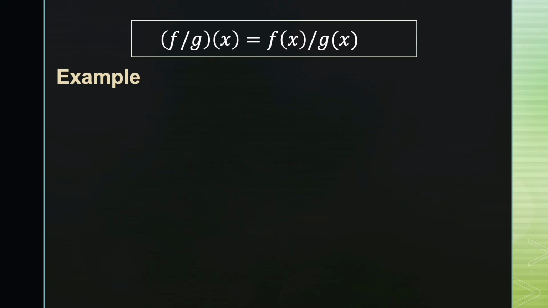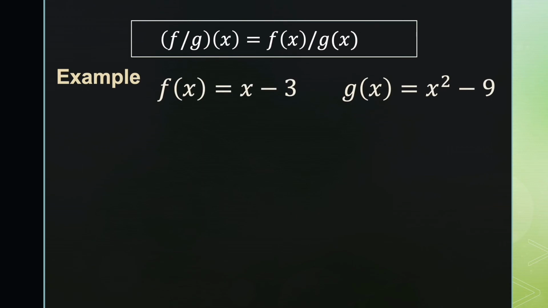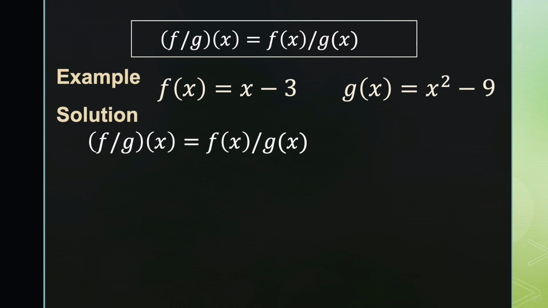For another example, consider the functions f of x equals x minus 3 and g of x equals x squared minus 9. By definition, f over g of x equals f of x over g of x.